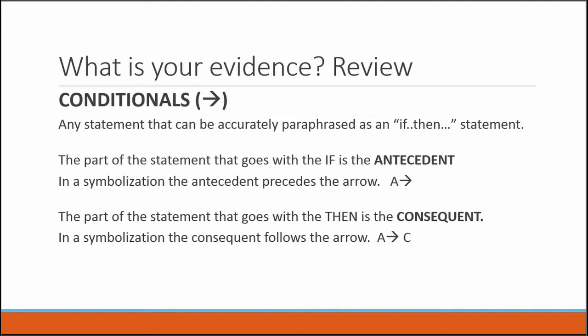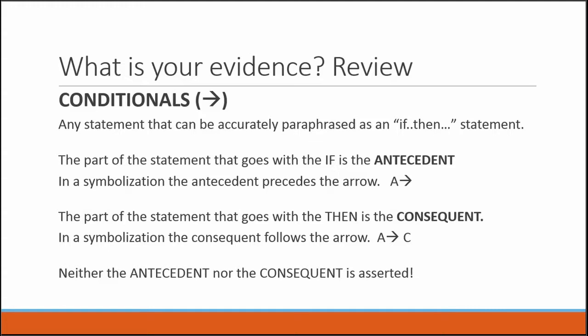One last thing about conditionals: neither the antecedent nor the consequent is asserted. The only thing that is asserted is the connection between the antecedent and the consequent. If the antecedent is true, then the consequent will also be true.